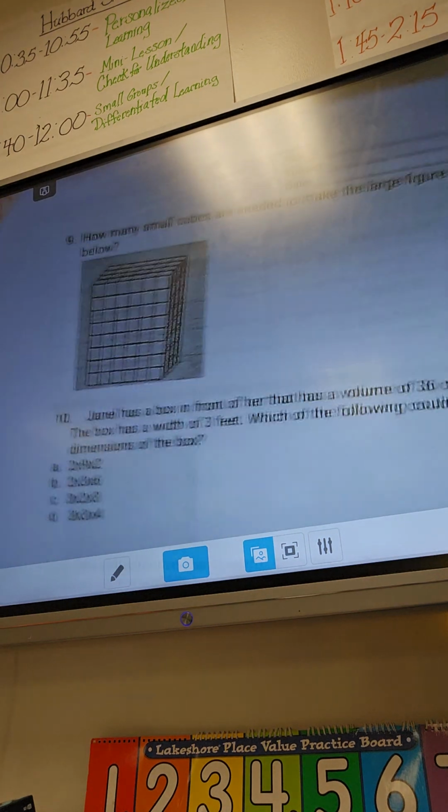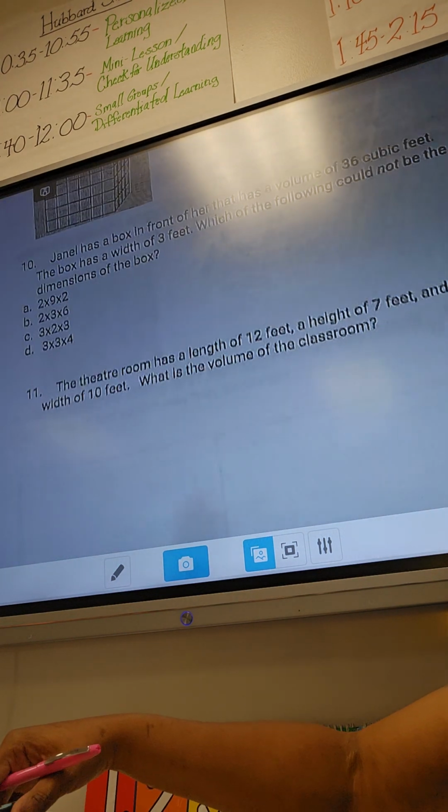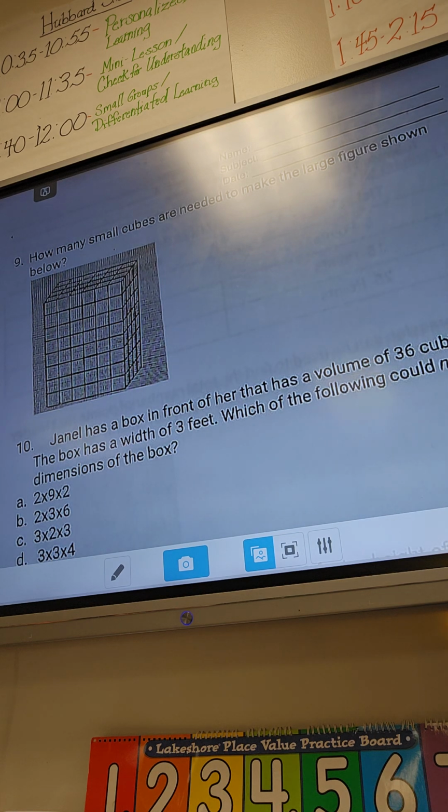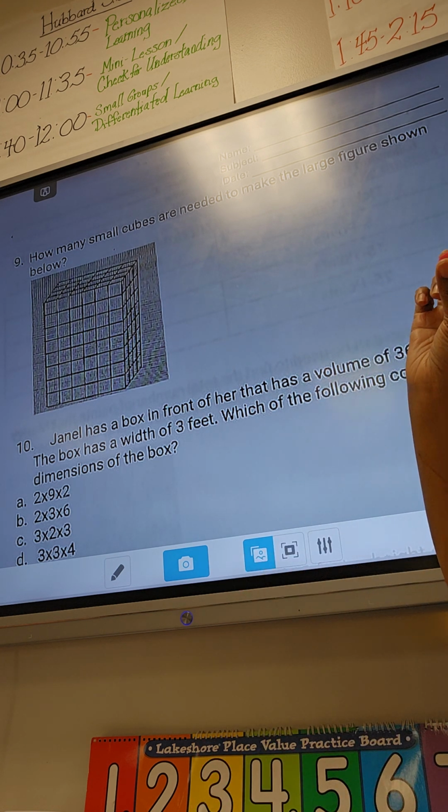All right, number 9. How many small cubes are needed to make the large figure shown below? Remember, however many small cubes, which are these, that can fit into a larger rectangular prism is called the volume.